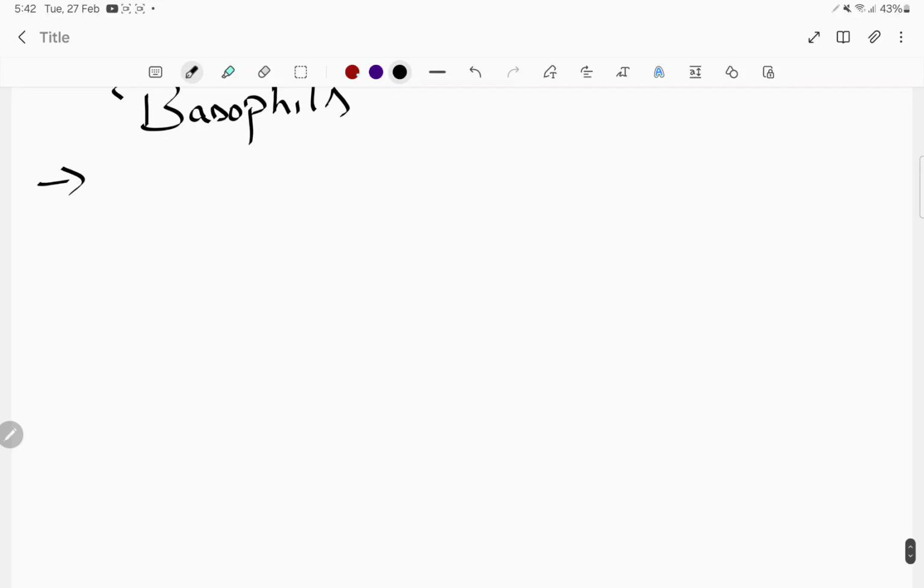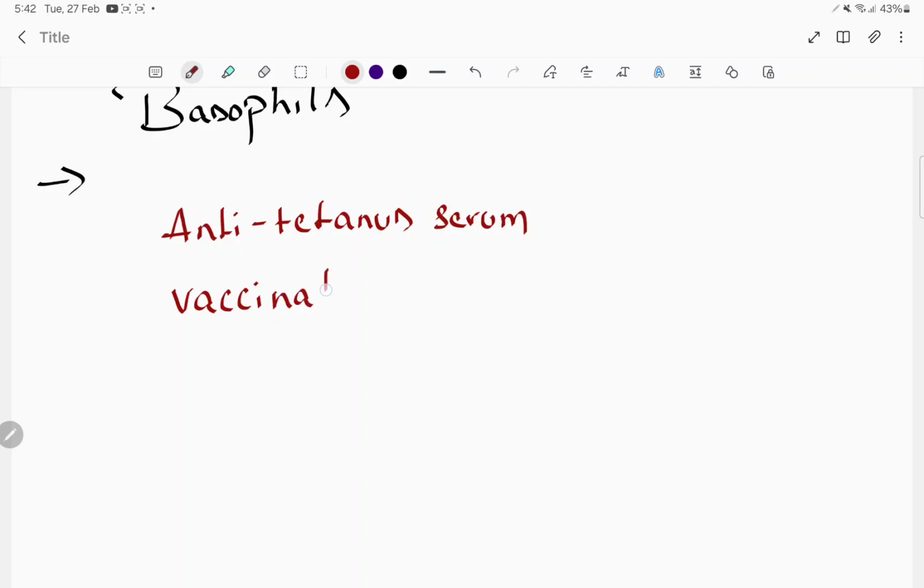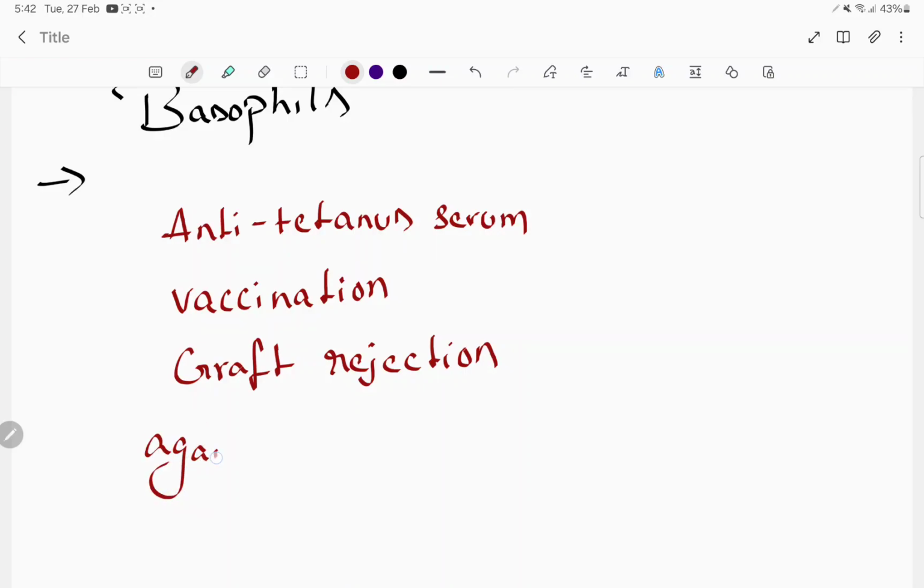So let me write some of the match the following. Anti-tetanus serum, vaccination, graft rejection, protects against extracellular bacteria.